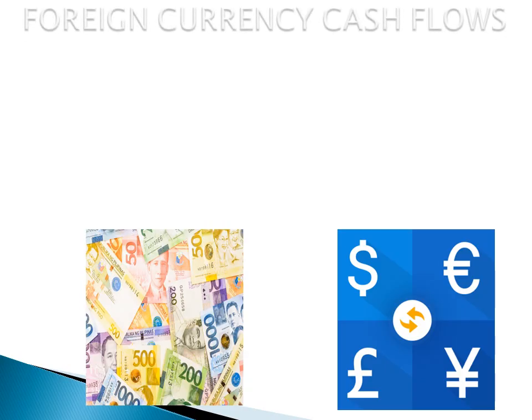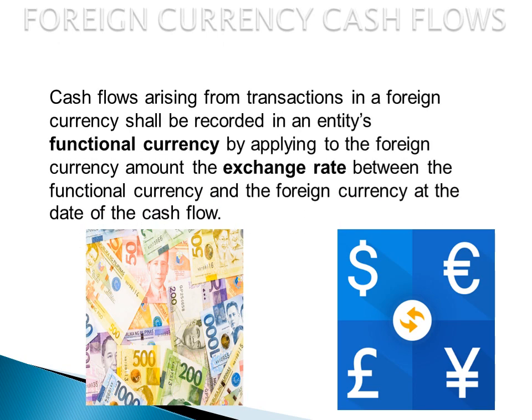For foreign cash flow, usually cash flow arising from foreign transactions shall be recorded in the entity's functional currency. I already explained functional currency in our previous video, which states that functional currency is the currency which dictates most of the transactions of the business.